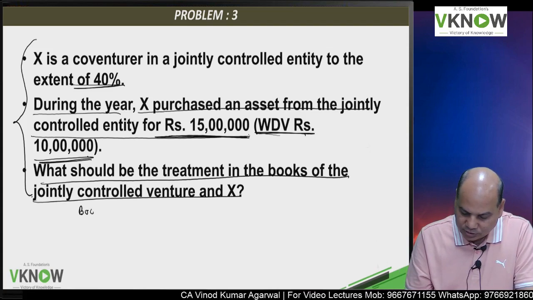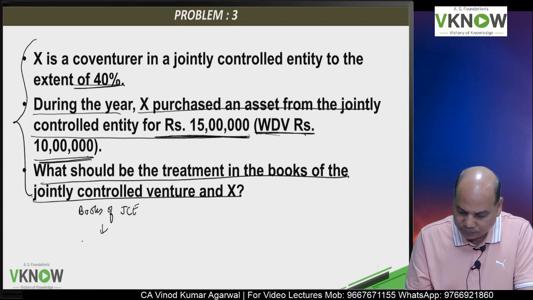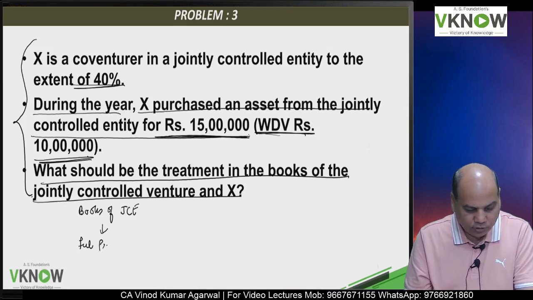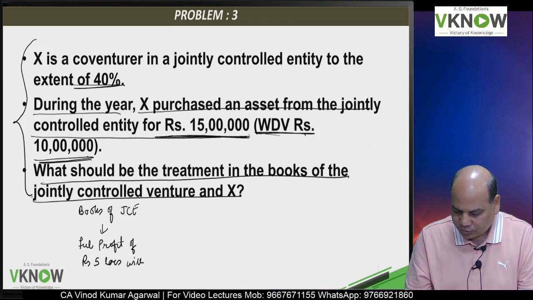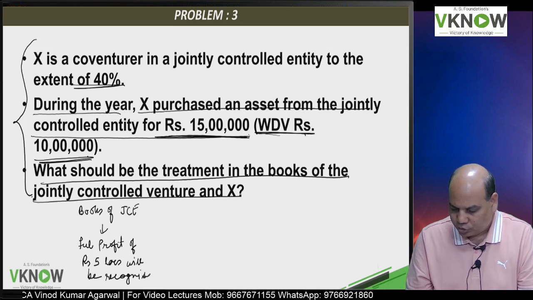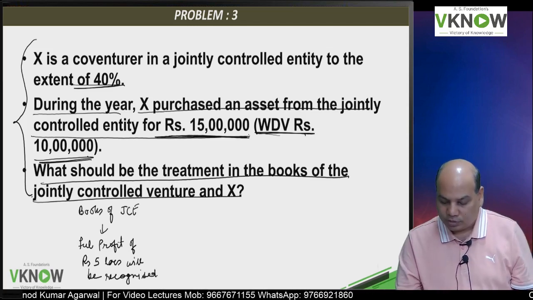So first, in the books of jointly controlled entity, full profit of rupees 5 lakhs will be recognized. There is no problem.